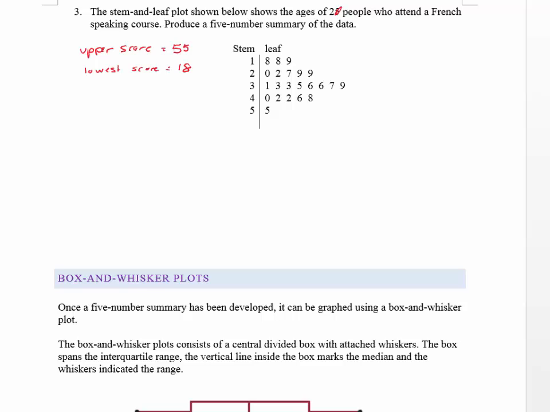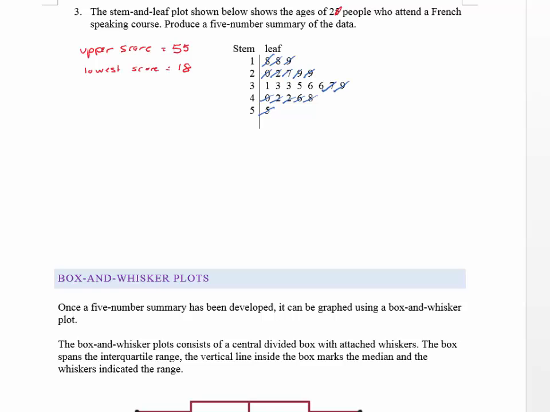So once we've done that, what we need to do is find our median. So we all know how to find our median. We have to count in. So let's count. Remember, we're going from the inside out and then from the outside in. So from the inside out, we're going 1, 2, 3, 4, 5, 6, 7, 8. From the outside in, let's go in 8. 1, 2, 3, 4, 5, 6, 7, 8.